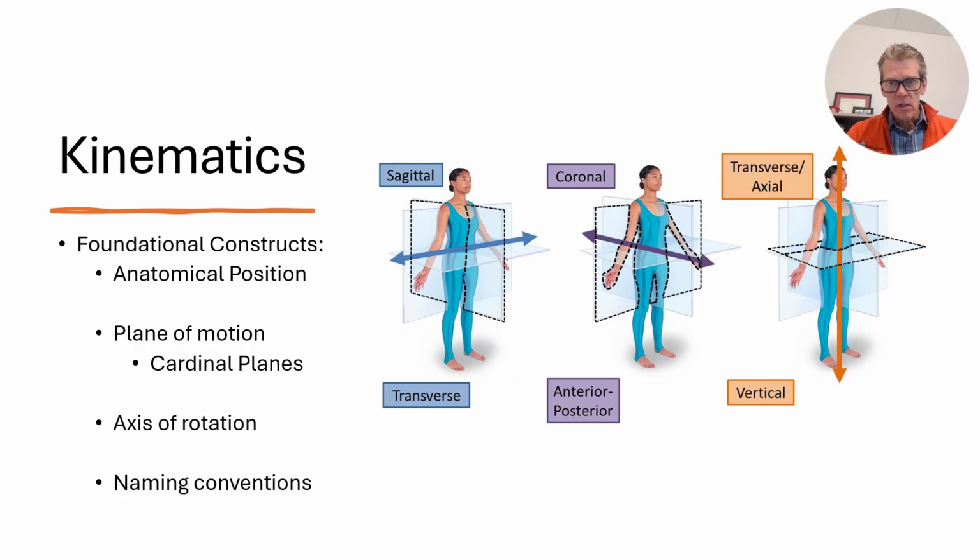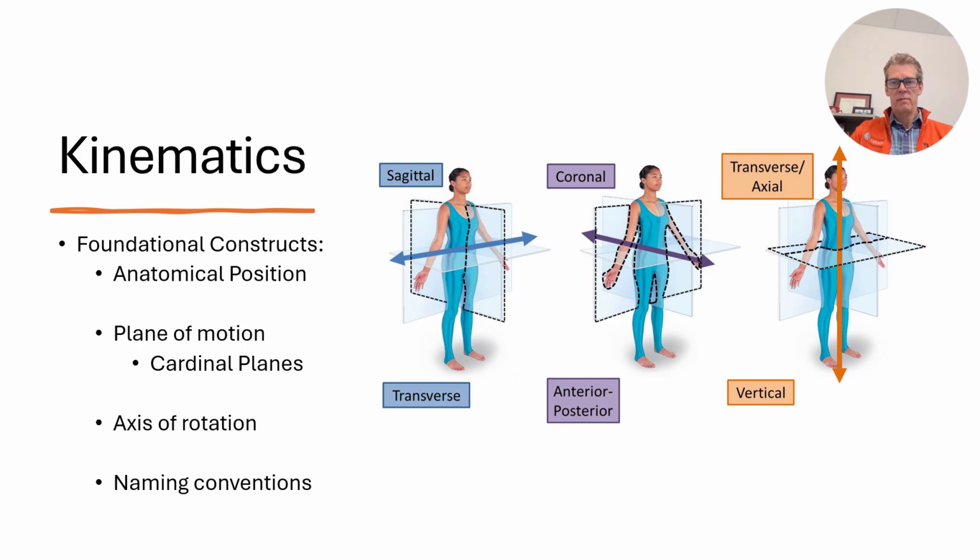Axis of rotation, you'll notice some lines here that go along with the planes. When we talk about movement, kinematics, we'll talk about motion in a plane. And so in the sagittal plane, most of our movements are flexion and extension.